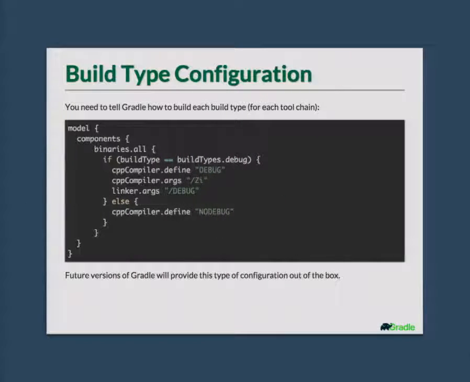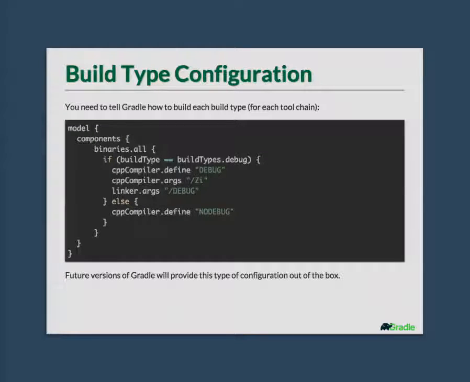And if you want to configure things, this is saying, okay, for all binaries for all components that are going to be produced, do this little configuration block. In that block, we say, if the build type for the binary that we're building is debug, then we're going to do some special things. We're going to set some flags.